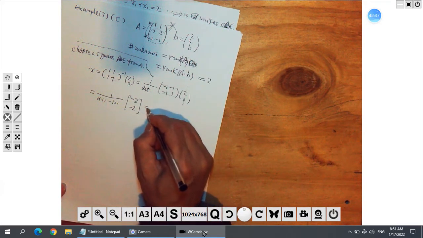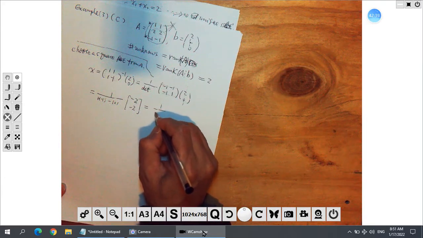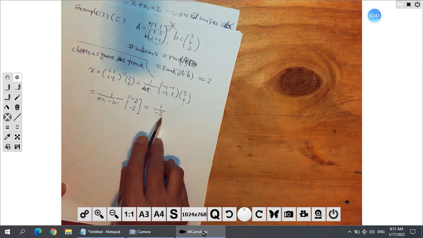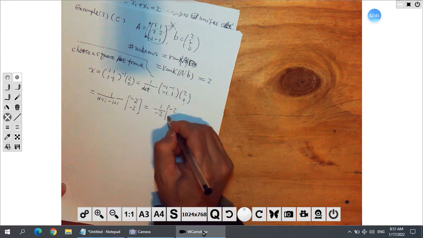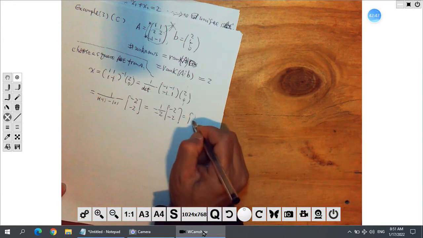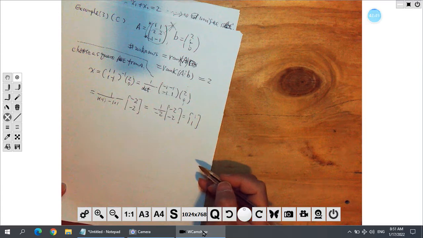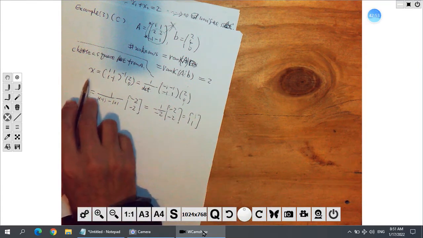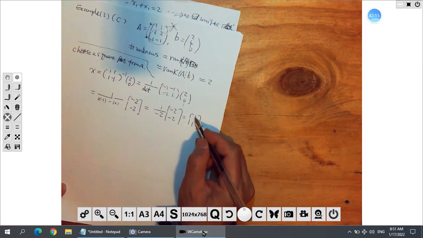Okay, this is 1 over -2, right? This is -1 minus 1, so it's -2 times -2. Okay, this is 1 and 1. So we have the unique solution: x1 is 1, x2 is also 1.